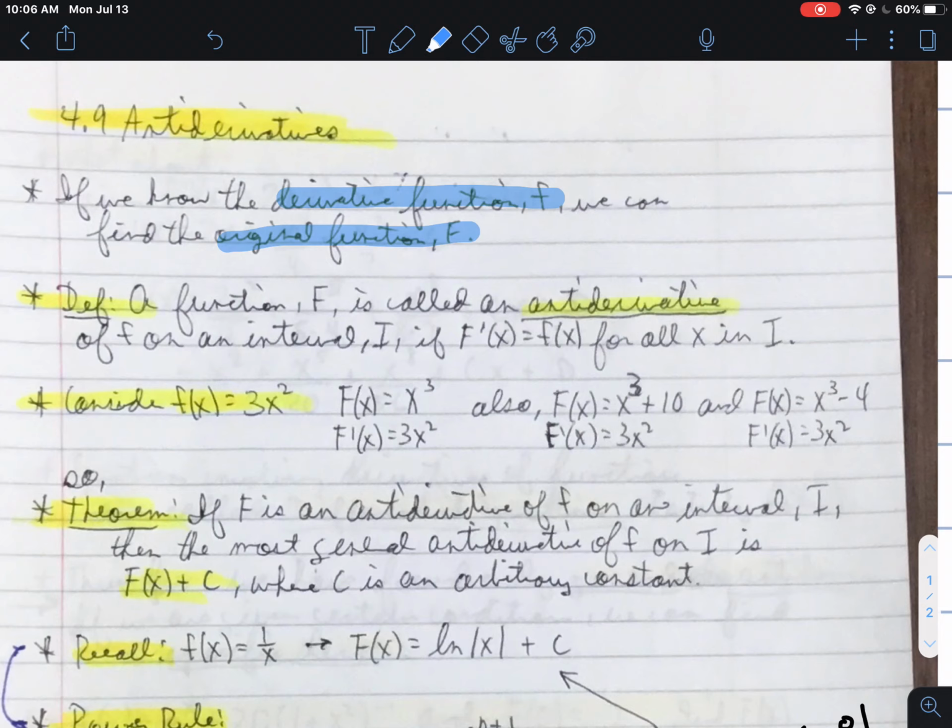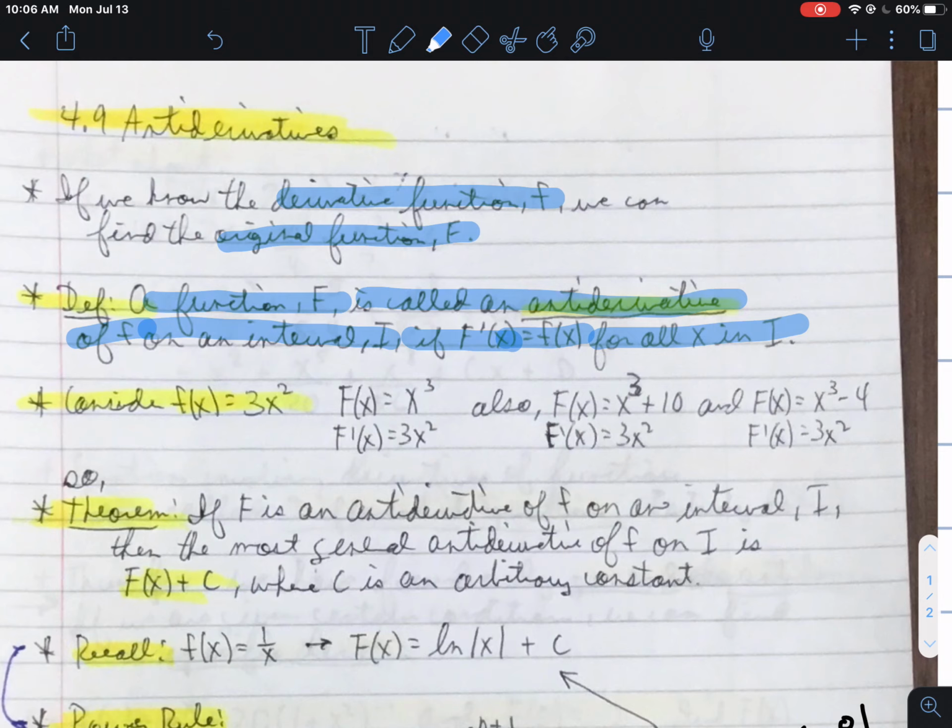So, definition: we'll say that a function cap F is called an antiderivative of our function little f on an interval I if cap F prime is equal to little f for all x in that interval. And don't worry too much about the whole interval thing just yet. We'll talk about that more later. So in other words, cap F is the antiderivative of little f if the derivative of cap F, F prime, is little f. Okay.